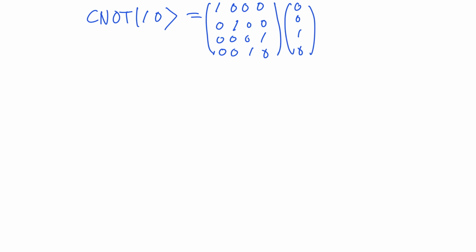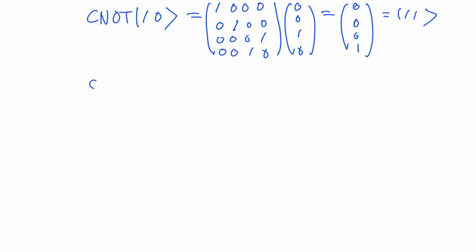First row, first column, 0. Second row, first column, 0. Third row, first column, 0. Last row, first column, 1. Something is different, right? 0, 0, 0, 1, right? Which is actually 1, 1.